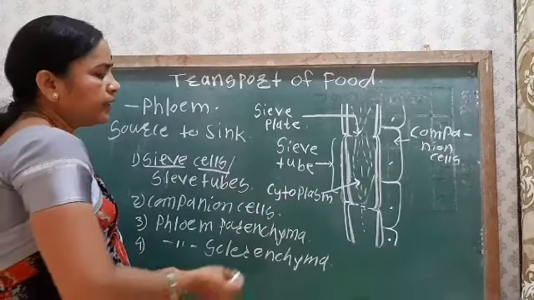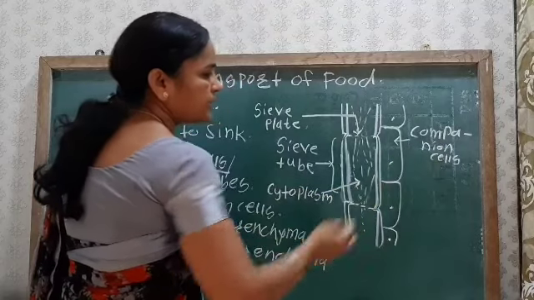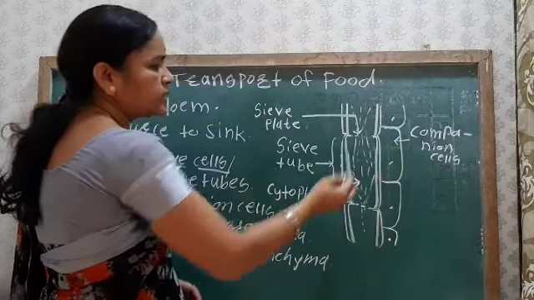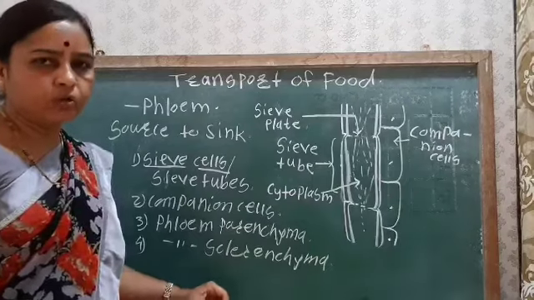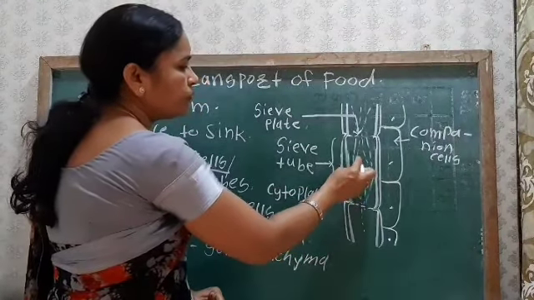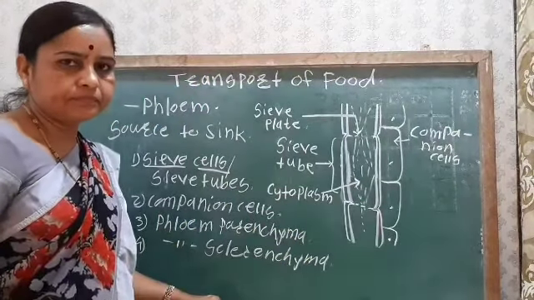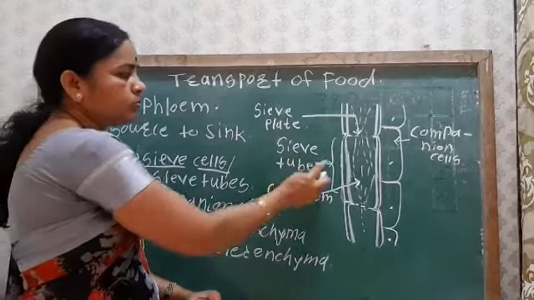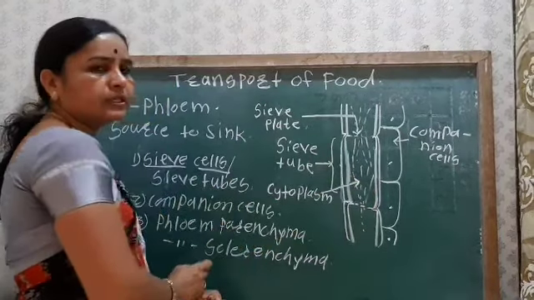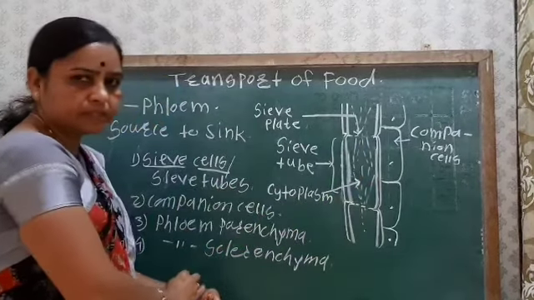The sieve tube is associated with the companion cells. The companion cell is known as the sister cell of the sieve tube. The sieve tubes are living cells, but they are without a nucleus, and only the cytoplasm is present.